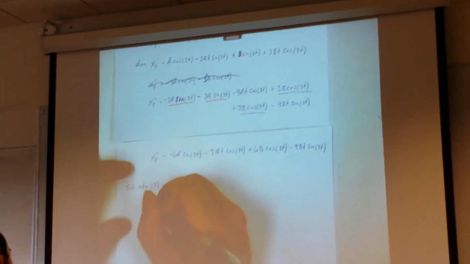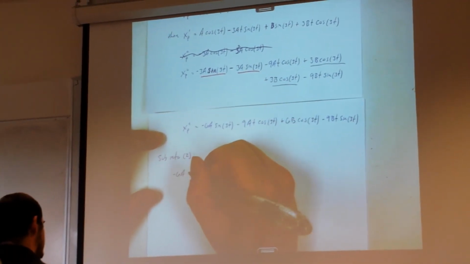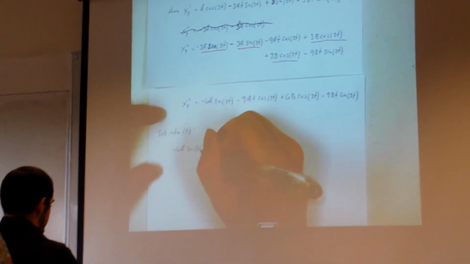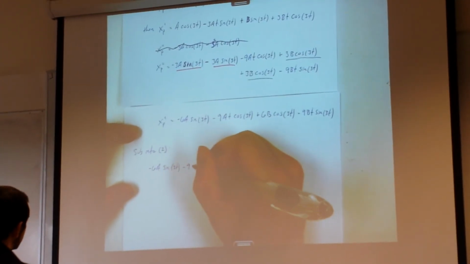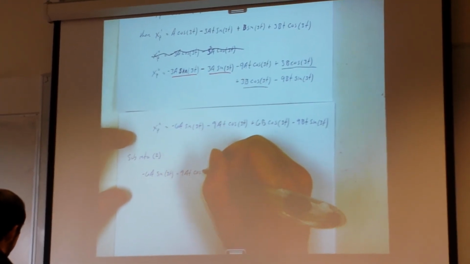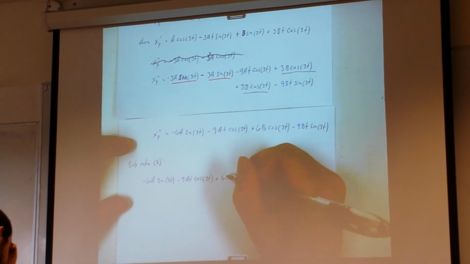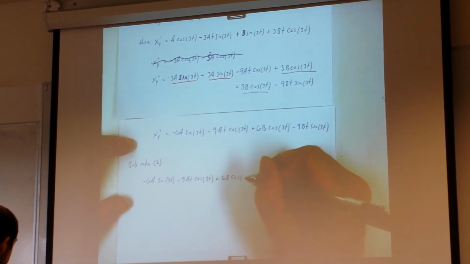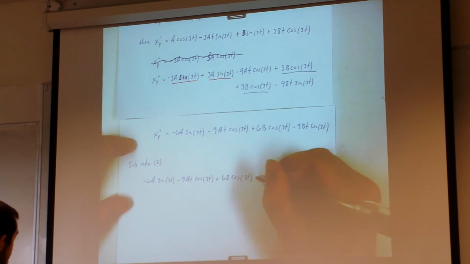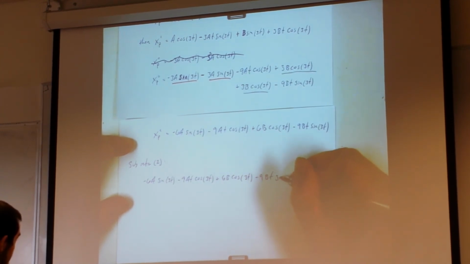So we got negative 6a sine 3t minus 9at cosine 3t plus 6b cosine 3t minus 9bt sine 3t.